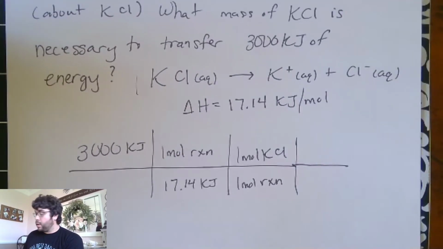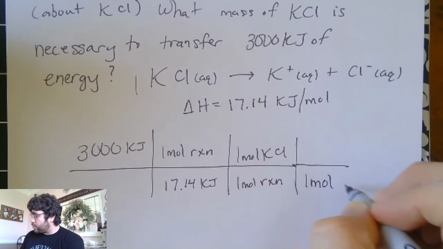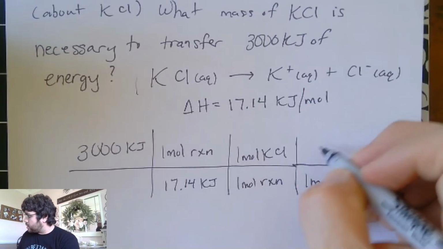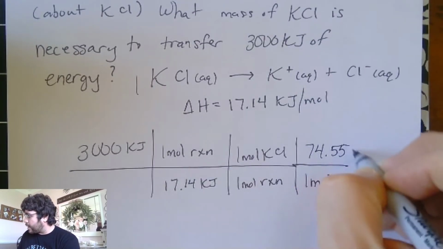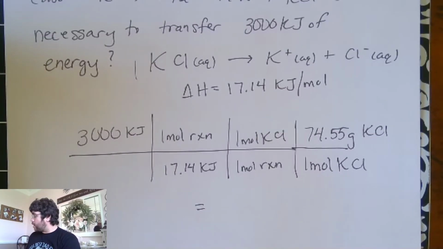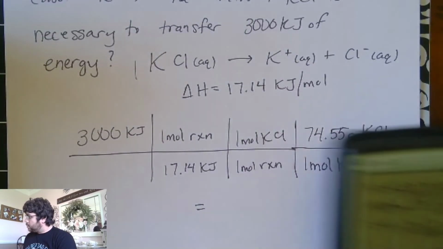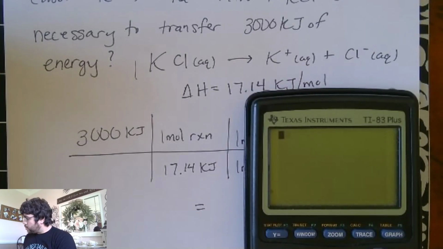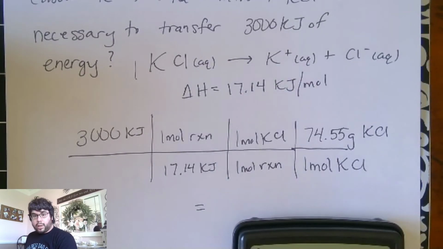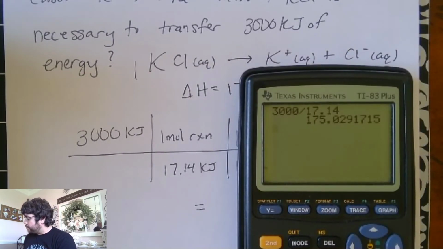Okay? And then convert to grams. 1 mole of KCl is, what did we just calculate? 74.55 grams of KCl. All right, so there's our math. So 3,000 divided by 17.14 times 1, and then times 74.55.